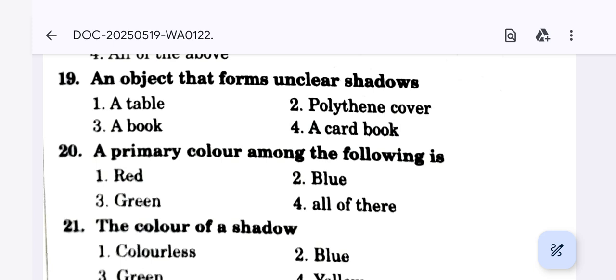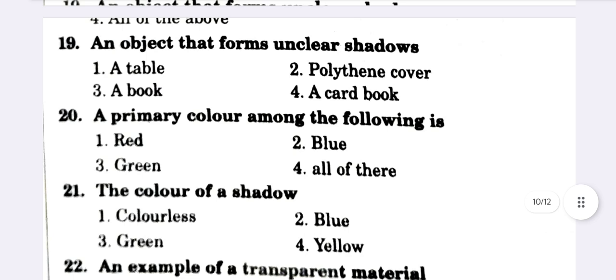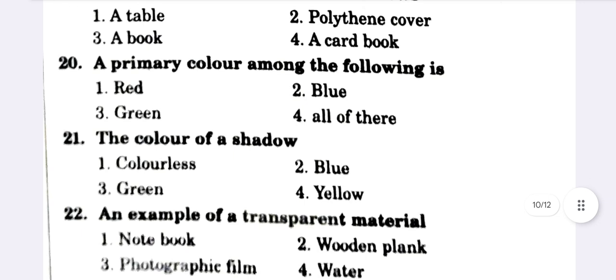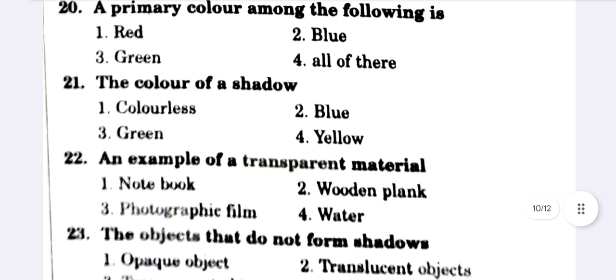Okay, the next question. A primary color among the following is. So as we know that we have three primary colors, they are red, blue, and green. So here the options are all of these is the correct answer. Okay, next comes the color of a shadow.